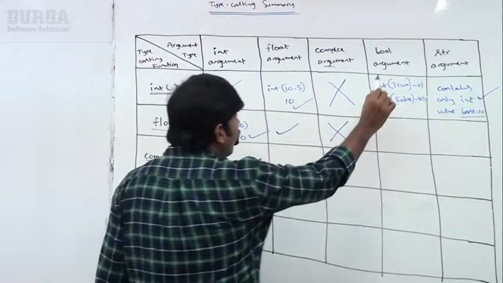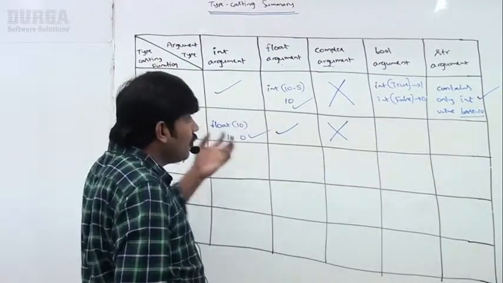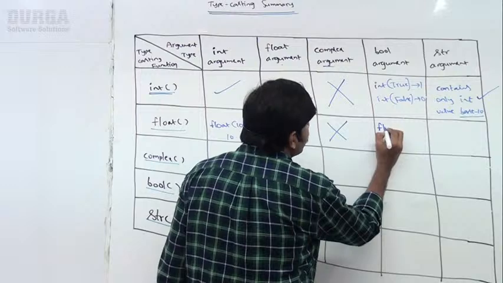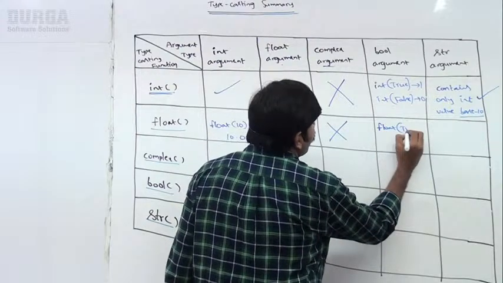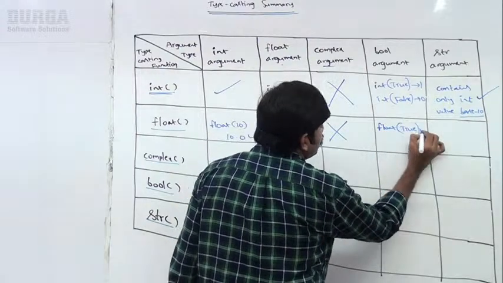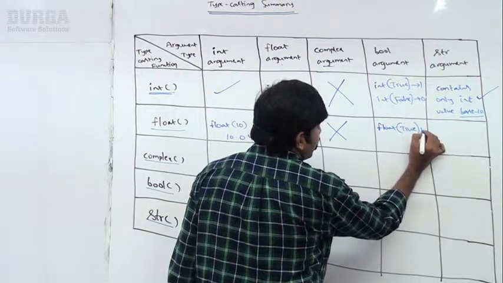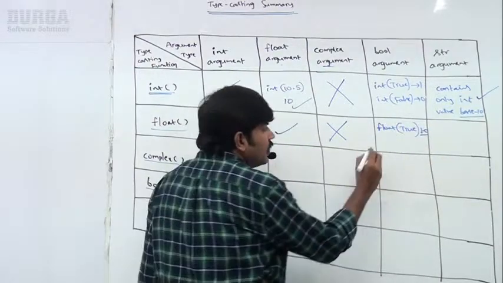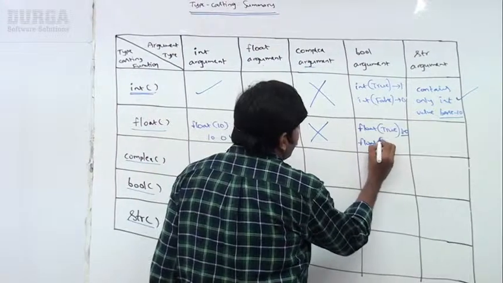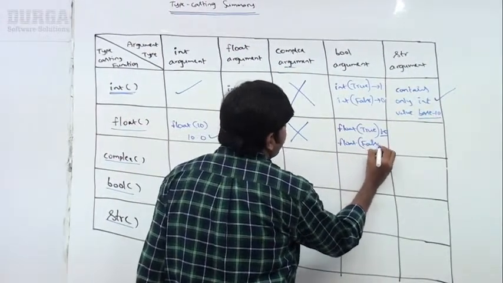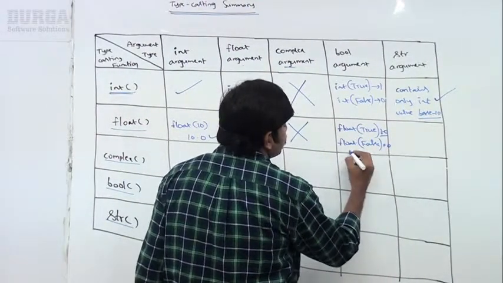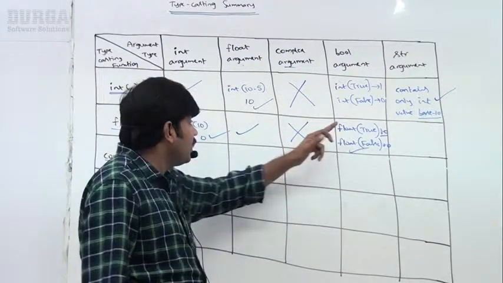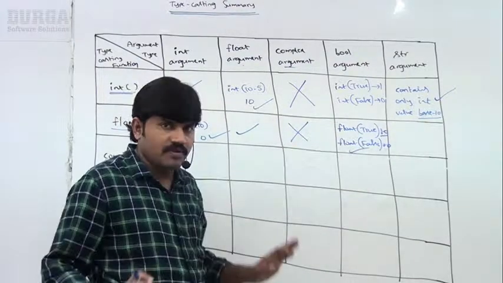Next, bool to float, a boolean argument to float. Yes, why not? Float of True, you get 1.0, because True means 1, but I want the float value 1.0. Similarly, float of False gives 0.0, no problem at all. So boolean to float conversion is always possible.